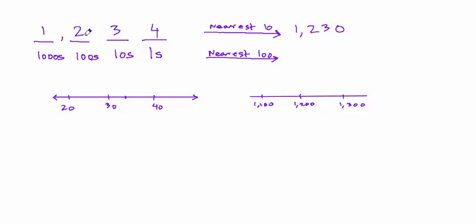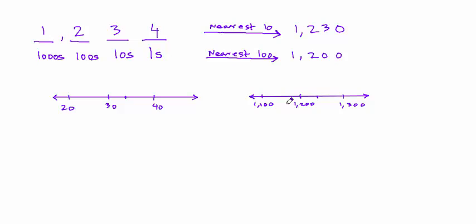Now if you look at the hundreds place, it's a 2 out there and the next digit is a 3. That means it's closer to the 1200 mark than to the 1300 mark. So we would say the nearest 100 to this number is 1200. And let me just be more accurate by putting the arrowheads on the number line to indicate they go on forever and ever on both sides.